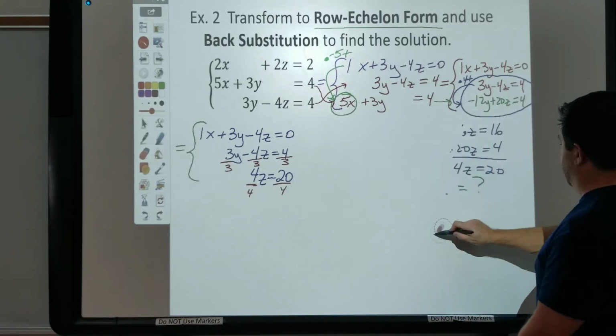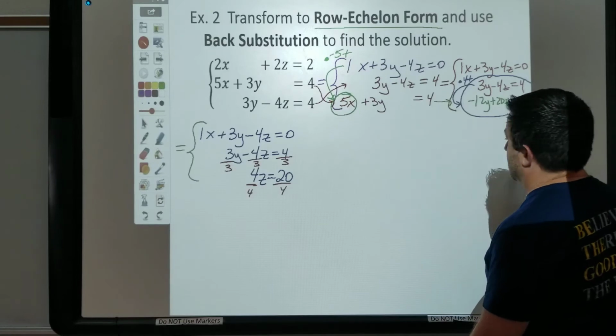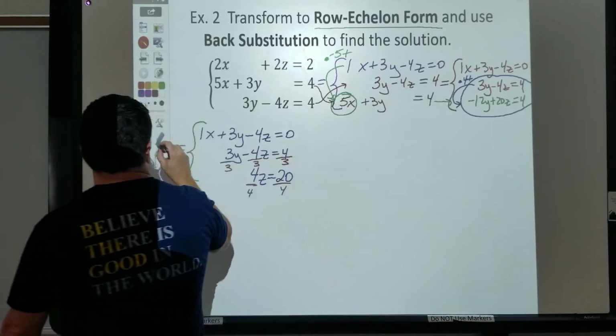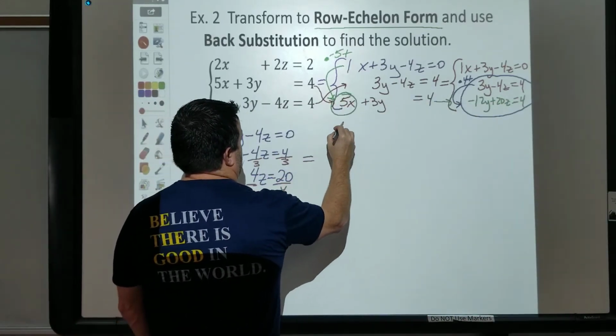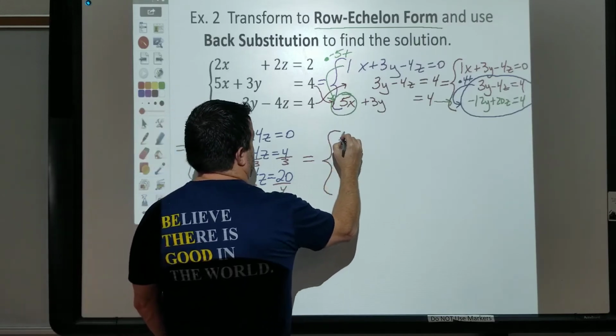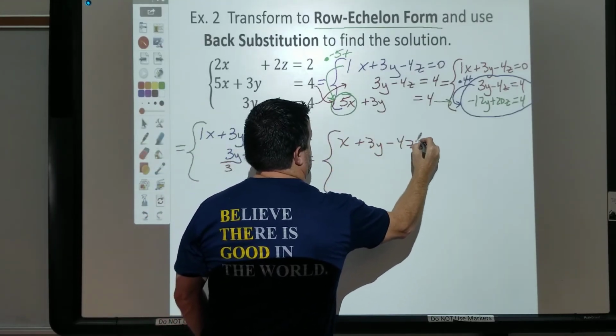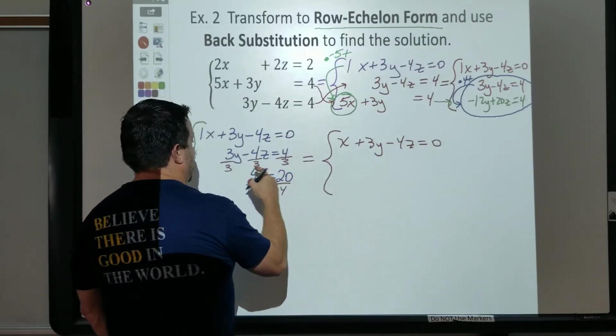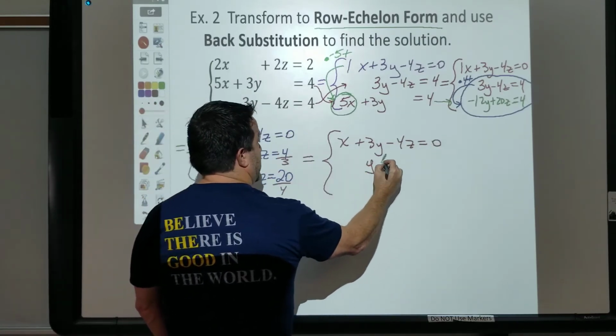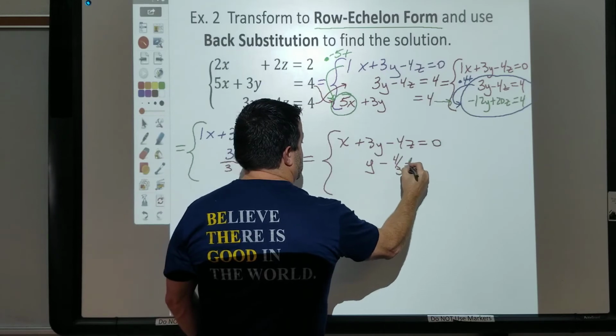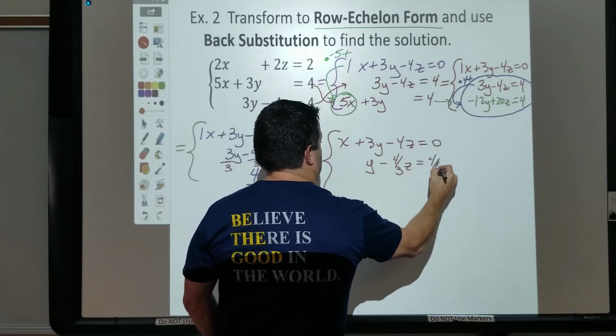And when I do that, again, the top equation is just x plus 3y minus 4z equals 0. This becomes y minus 4/3 z equals 4/3.